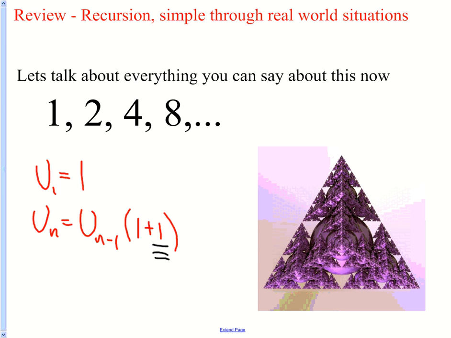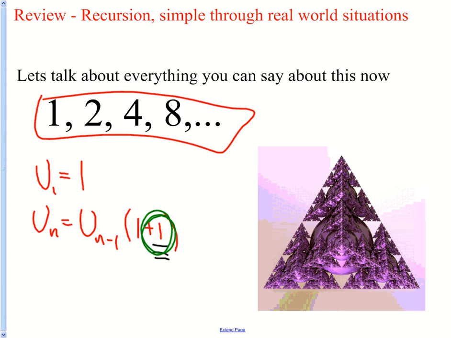So if I have the number 8 and I multiply by 100%, I still have 8. If I want it to grow twice as big, then I multiply it by 200%, but you can't say that it has a growth rate of 200%. The growth part is this part, and that's a growth of 100%. So this represents 100% growth.